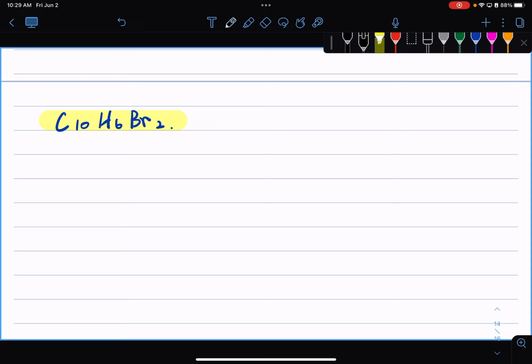So let me just draw in my naphthalene here. And now my naphthalene has, well, 1, 2, 3, 4, 5, 6, 7, 8, 9, 10 carbons. And our carbon-13 NMR has 5 peaks. So somehow we're dividing our naphthalene molecule into 2 different sections, so they're chemically equivalent to each other.